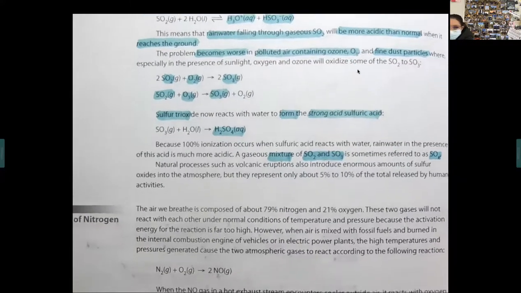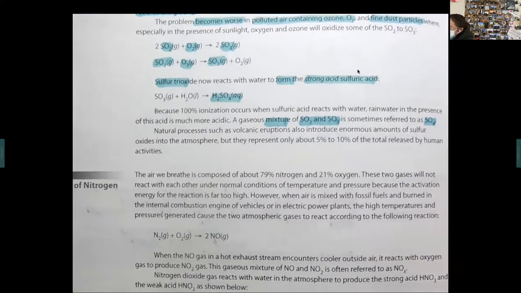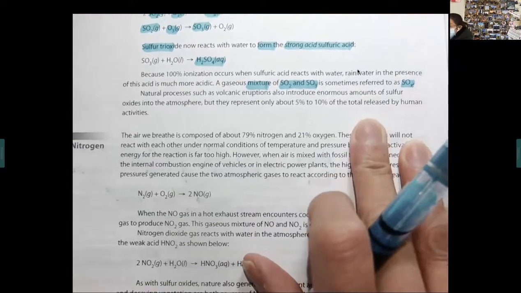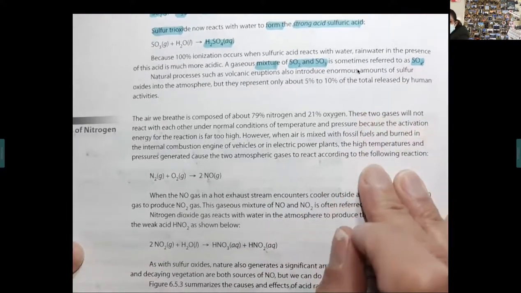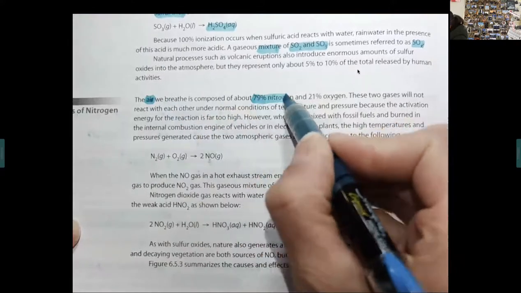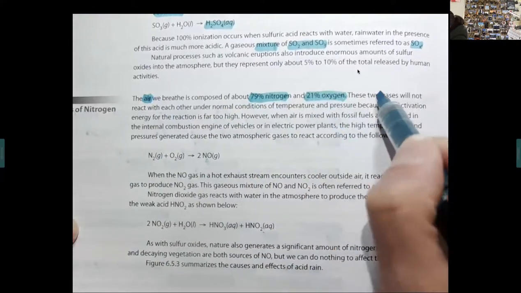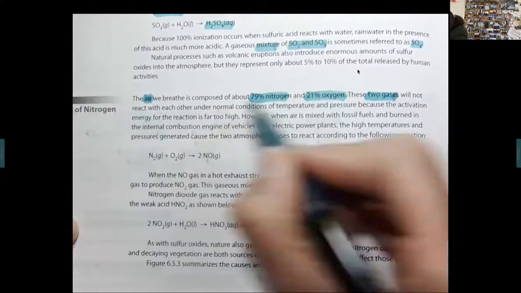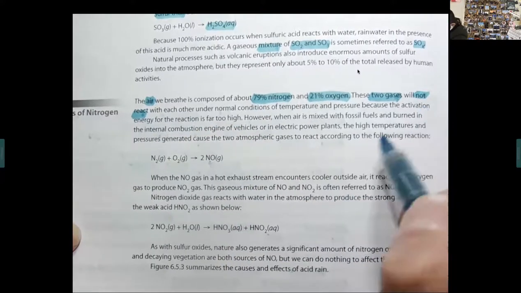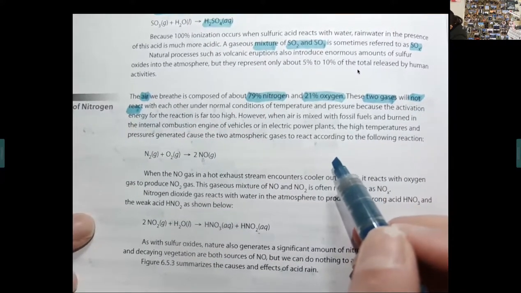And if you're taking any atmospheric chemistry classes, like if you were at Scripps Institution of Oceanography, you'd be talking a lot about this. If you take a look at sources of nitrogen oxides, the air that we breathe is 79% nitrogen and 21% oxygen. These two gases will not react with each other normally, and that's because the activation energy is just really, really high.